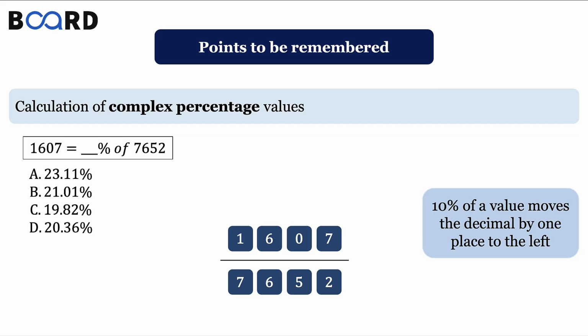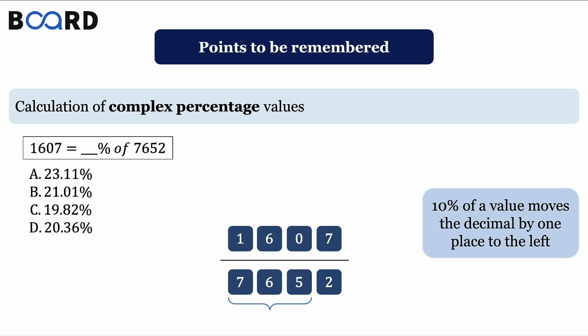Now, if you further calculate 1%, that will move further to the left, right? So if I have 7652 in the denominator and I have to calculate 1607 makes how much percentage of it, first thing is 765, that makes 10% of the value. It's not actually 765, it's 765.2 to be exact. But 0.2 in comparison to 7652 is quite less, so we can ignore this, not an issue.